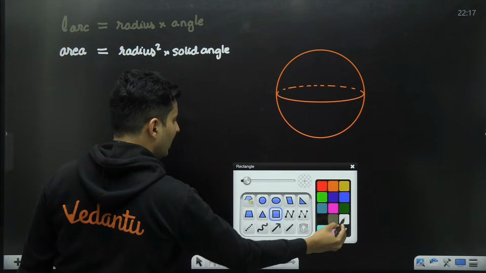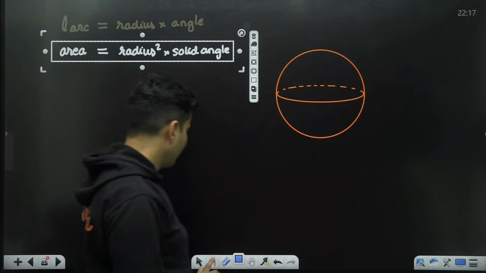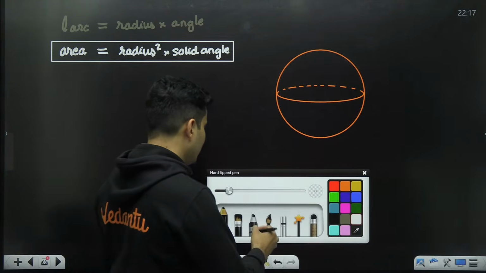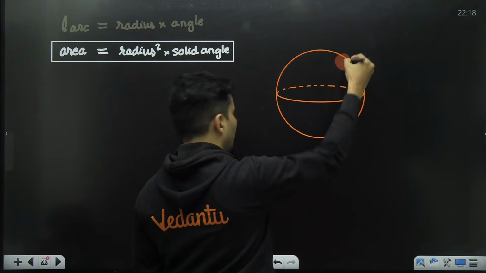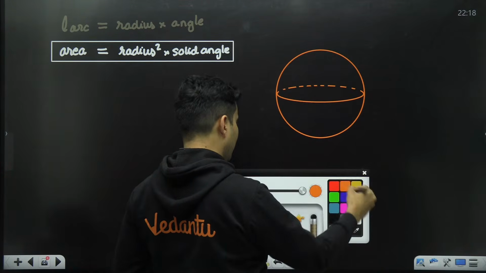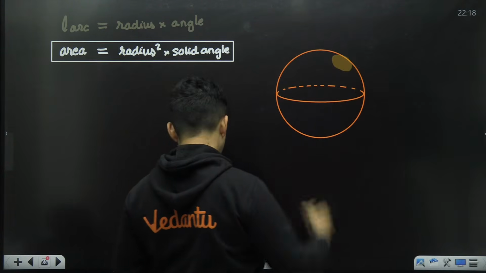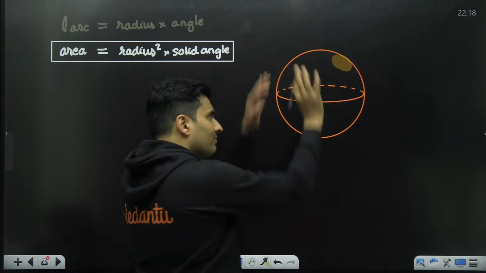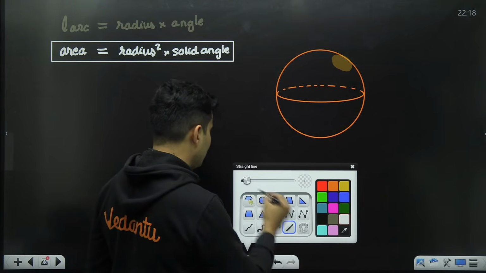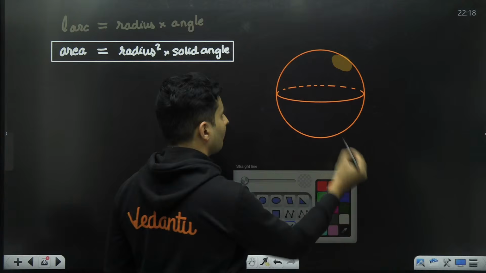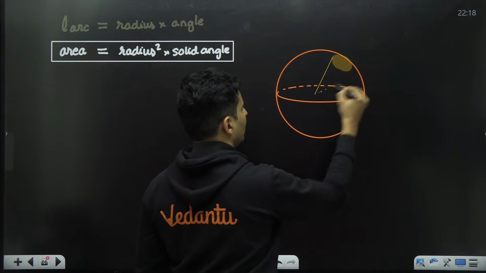It's very similar looking, same but different. So what do I mean by that? Say for example, you are considering a patch over here, on the surface of that sphere. Just visualize this from the center, like this.